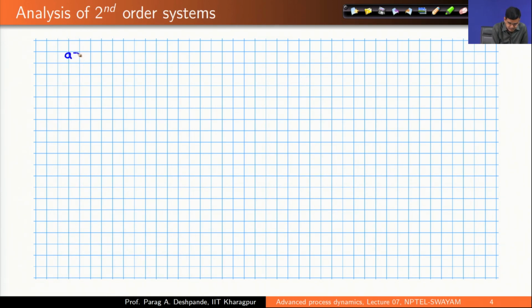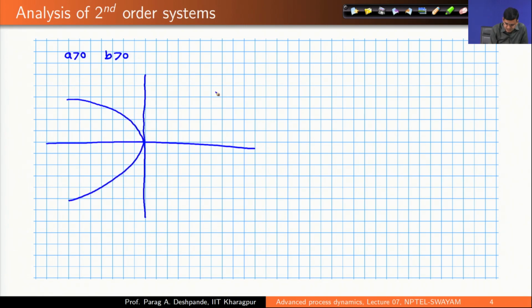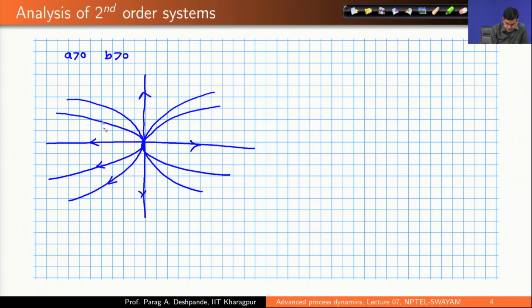We had a greater than 0, we had b greater than 0, and you drew these as the solutions, and all of them were pointing out.